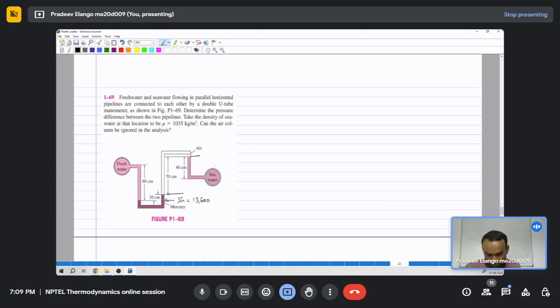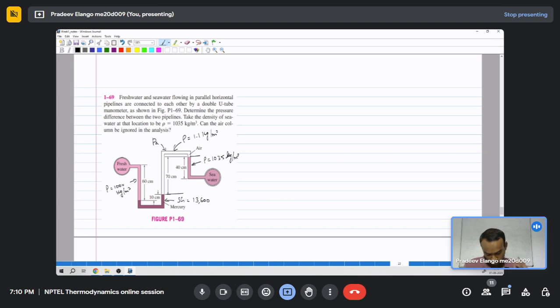And then this column will have the density of 1035, and here it is of density of 1000, and these are in kg per meter cube, and here the density is around 1.1 kg per meter cube. So for simplicity we can neglect the air column and we can assume that there is some pressure inside the air column.